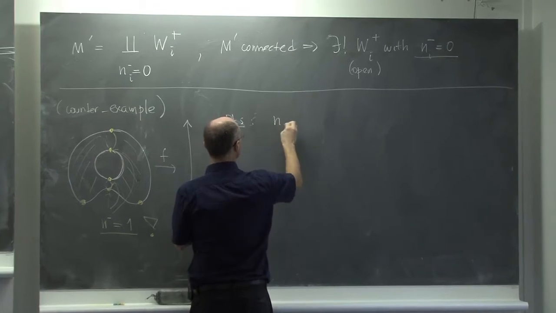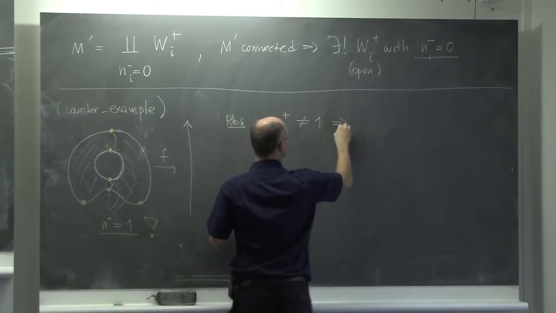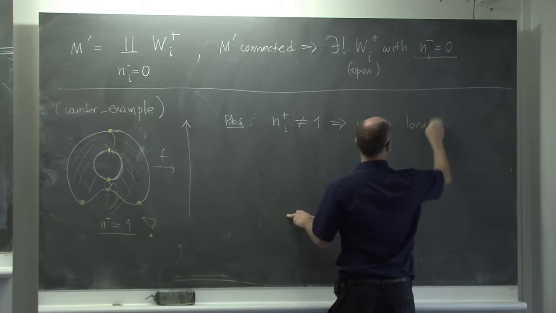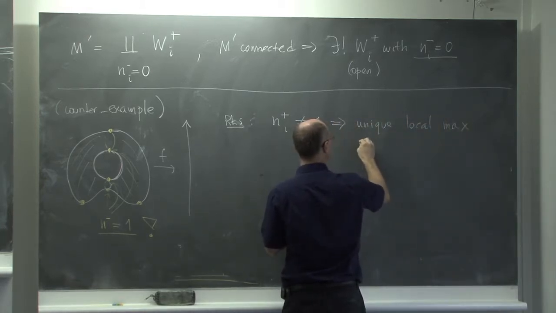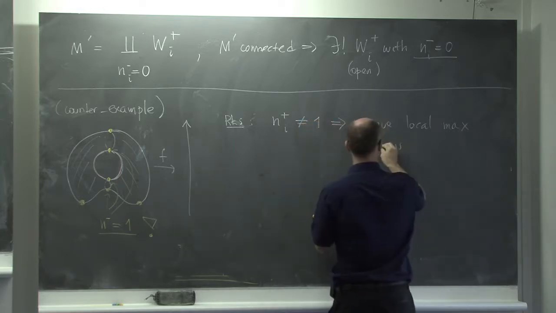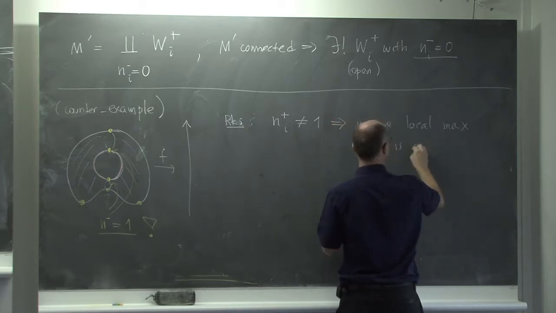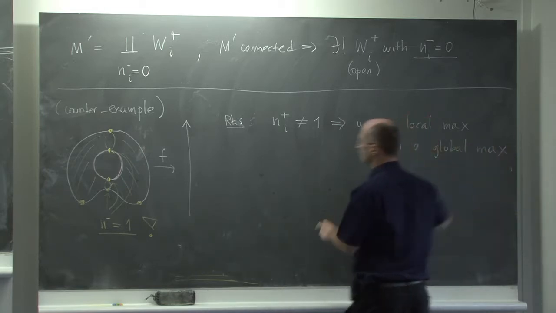Perhaps here a couple of remarks. Of course, if n_i plus is not equal to 1, then there is a unique local maximum, and it's also a global maximum.